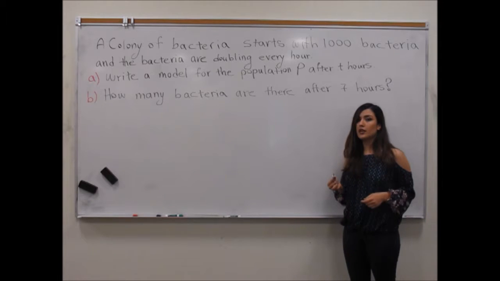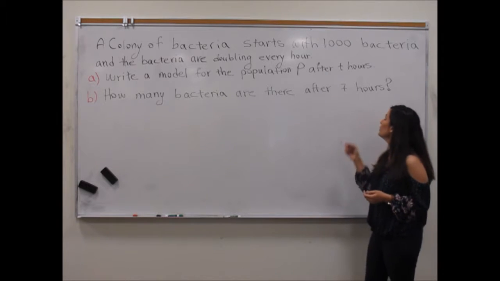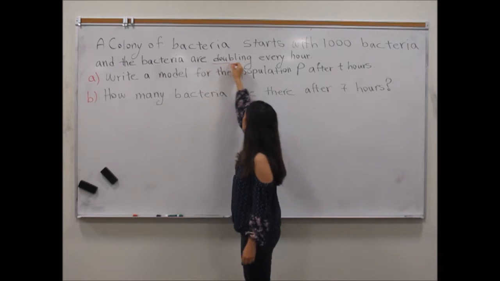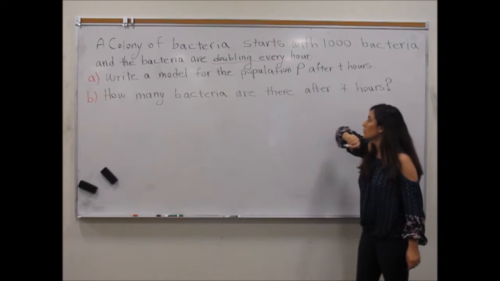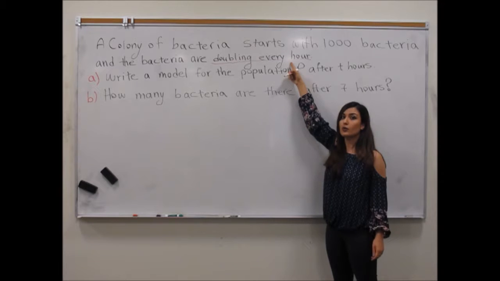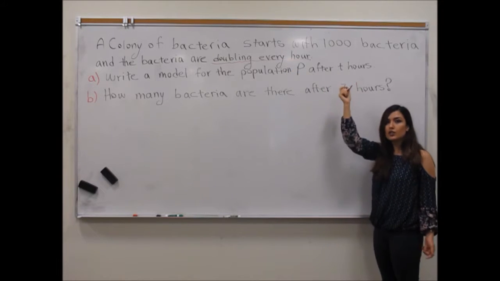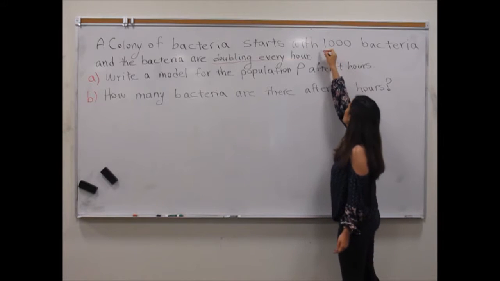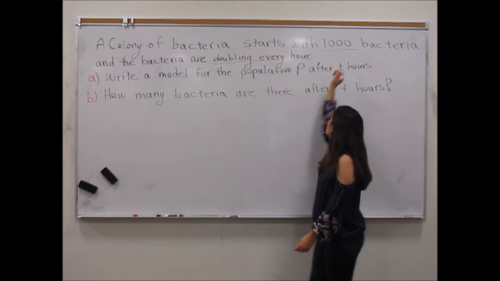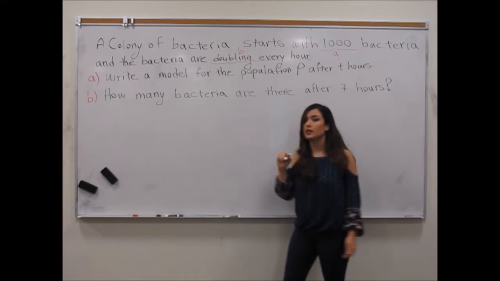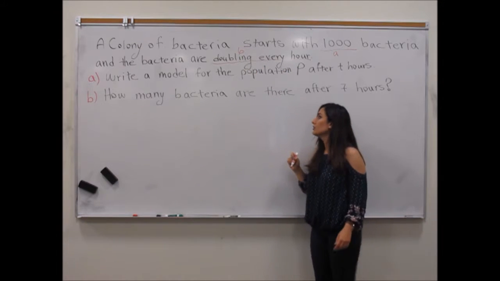I know that my growth factor is 2 because it tells me that the bacteria are doubling each hour. And I started with 1,000, so my initial number is 1,000. So this gives me my a, and this gives me my b in the general model.